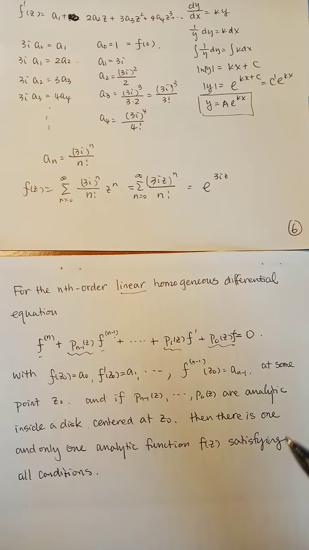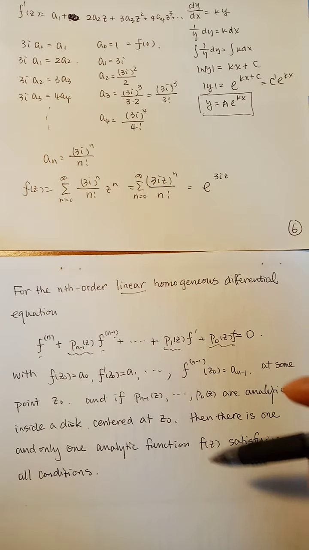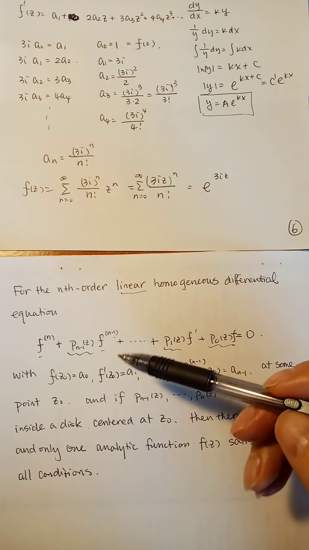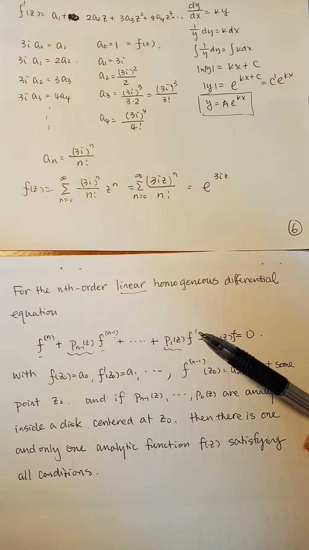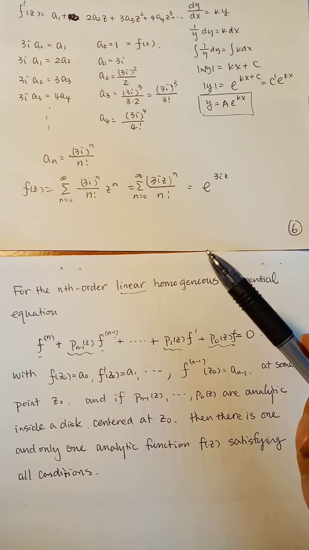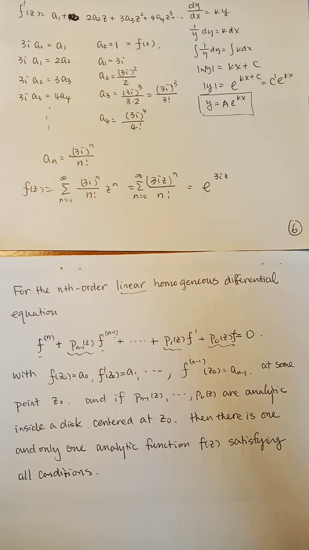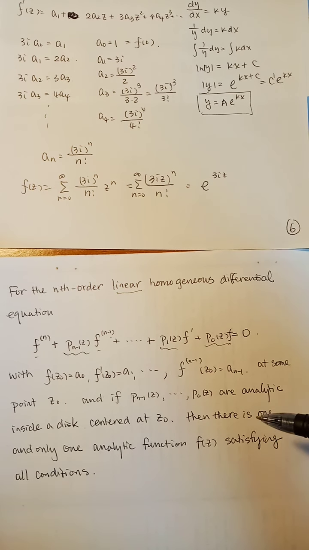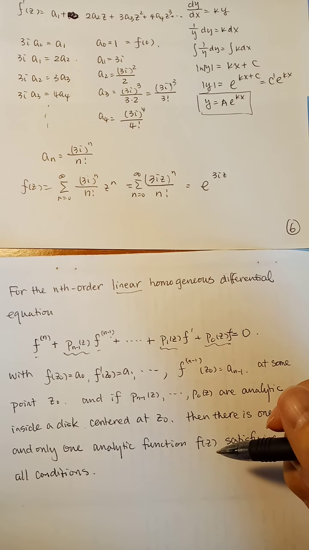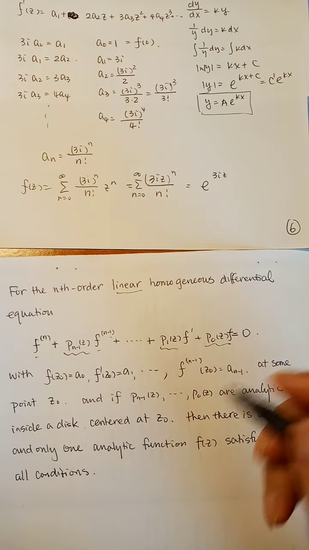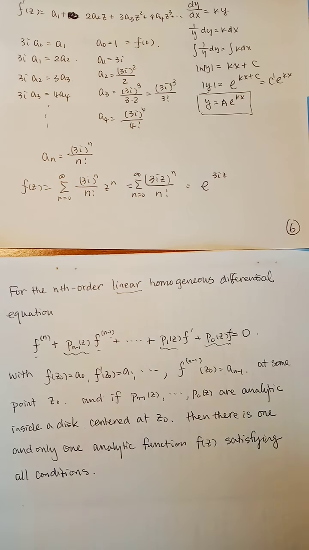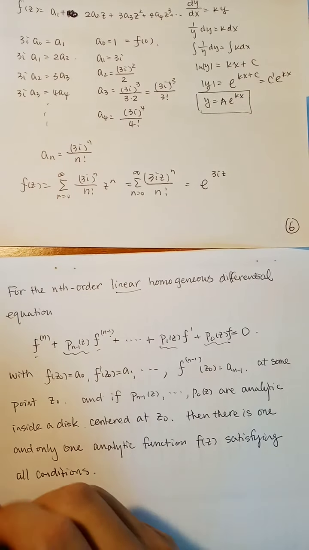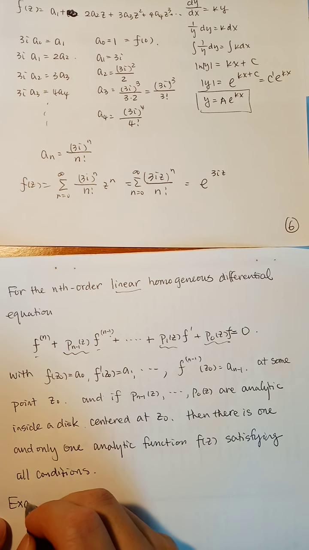The uniqueness comes from the fact that if you have the analytic function, then it must satisfy the same process, and you get the same solution. Okay, so that is the application or usage of the power series. And another example, and then we stop.